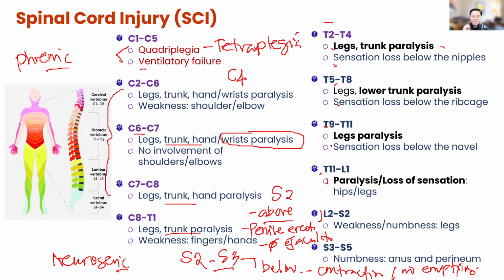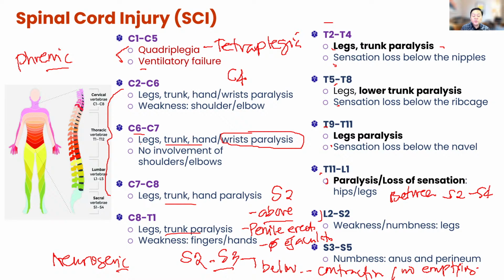Now, what about the injury between S2 and S4? Let's talk about that. What do you think if the injuries occur in these areas? Well, it can damage both the sympathetic and the parasympathetic responses.